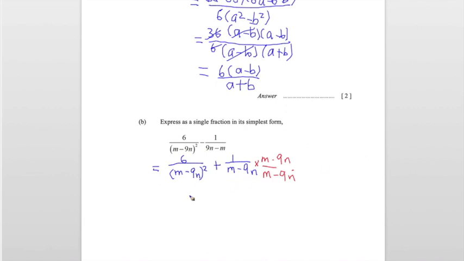Okay, so now the denominator is m minus 9n squared. And the numerator is 6 plus m minus 9n.